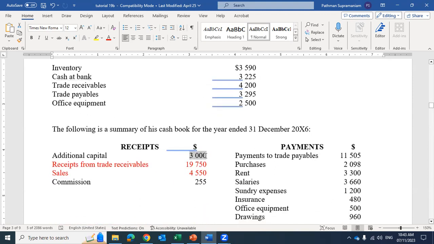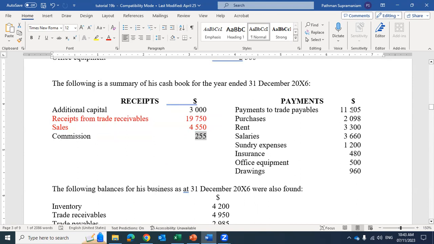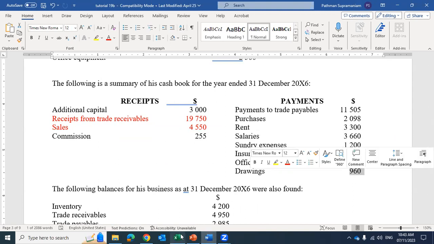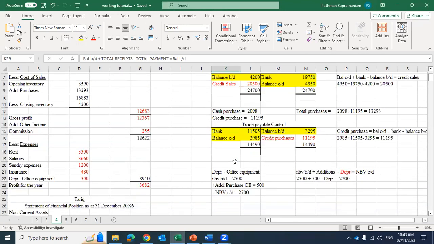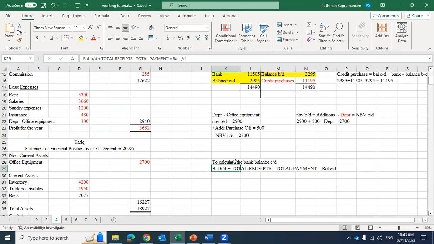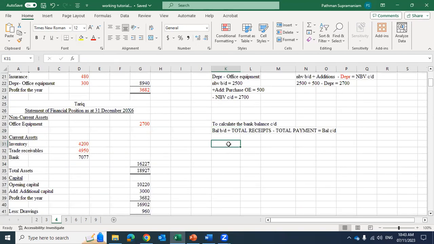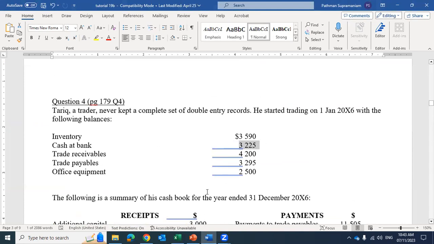Total receipts, you have to total up all these receipts, 3,000 plus 19750, 4550, 255. For total payments, you need to total up all these payments. I've already worked that out for you. Sorry, it's not worked out, but to get this figure, the opening balance is 3225.